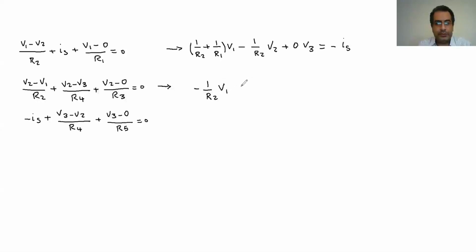Then for the second one, it's going to be V2. For the V2, I have 1 over R2 here, 1 over R2, and then I have here again 1 over R4, and I have here 1 over R3.